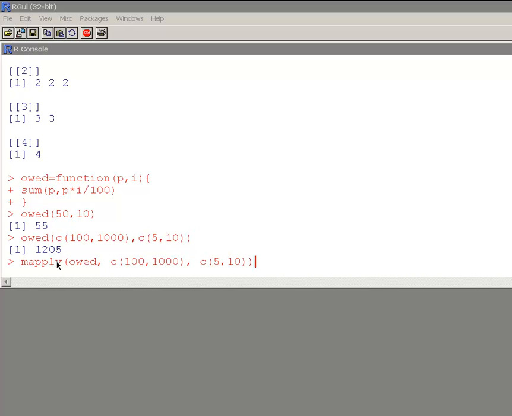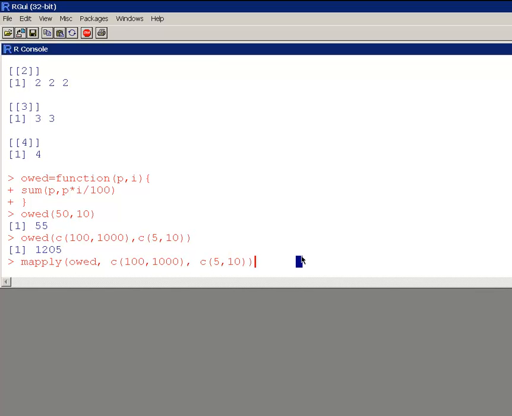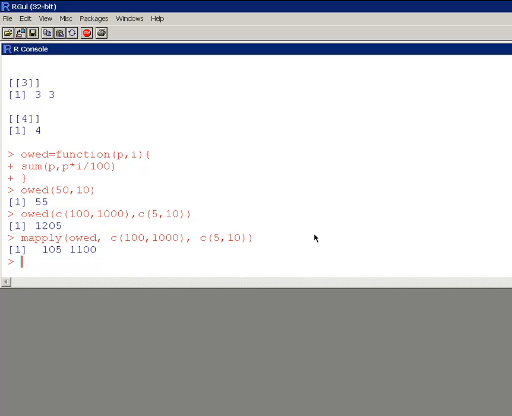So the way that you use mapply is you mention the function first, and then this is going to be applied to the arguments here, and the arguments can be vectors in this case, and it will still work. So let's see if it really does work. Okay, so that is right? Because I wanted to say I borrowed 100 at 5%, and I borrowed 1,000 at 10%, and that would give me these two answers.